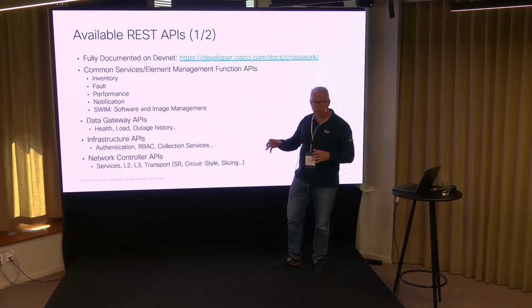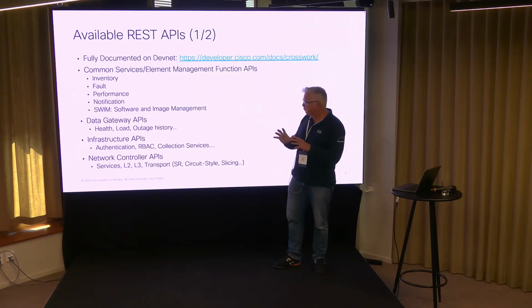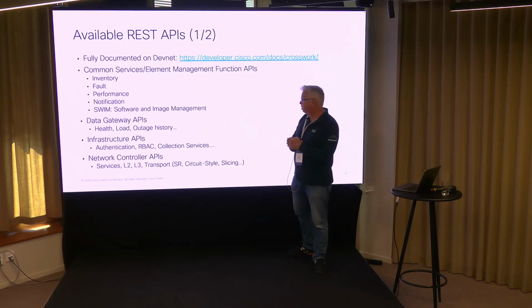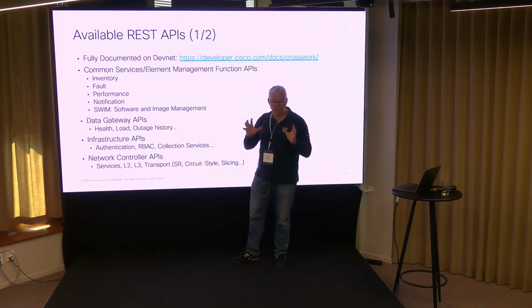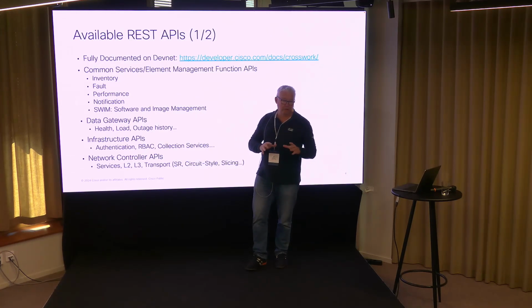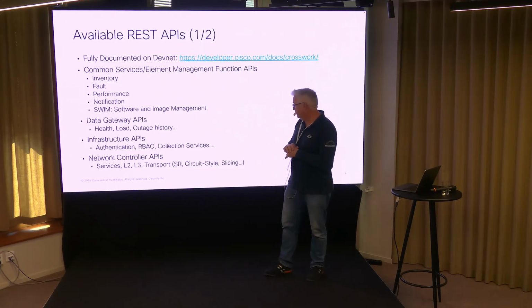The data gateway, which is collecting the data, has its own set of APIs as well, to control what the data gateway is doing, what the load is, and what the health of the data gateway is. Infrastructure APIs manage the CNC infrastructure itself, including authentication, RBAC, things like that.